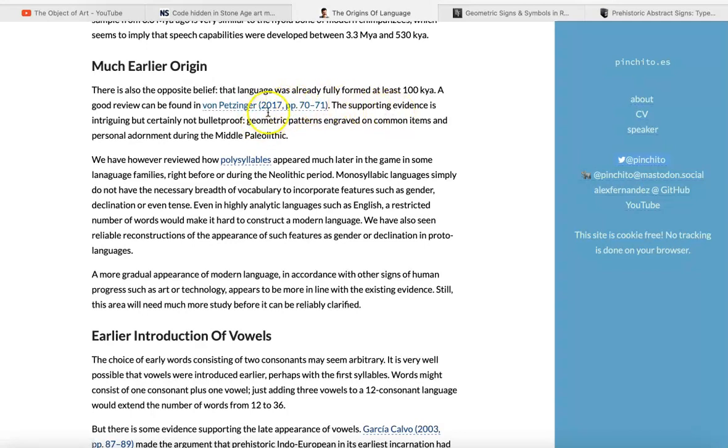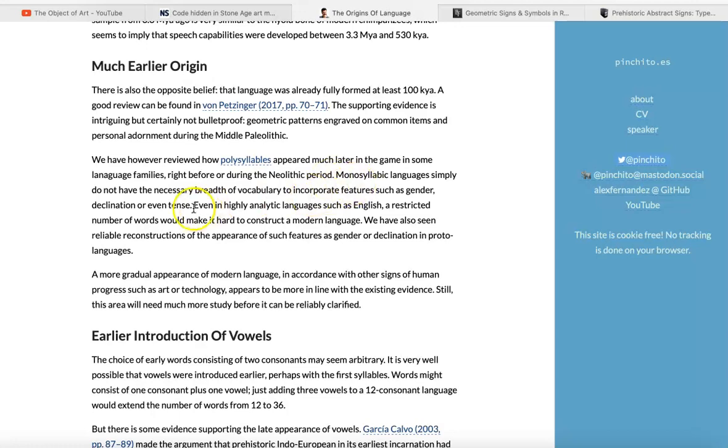The supporting evidence is intriguing, but certainly not bulletproof. Geometric patterns engraved on common items and personal adornment during the Middle Paleolithic. We have, however, reviewed how polysyllables appeared much later in the game in some language families, right before or during the Neolithic period.